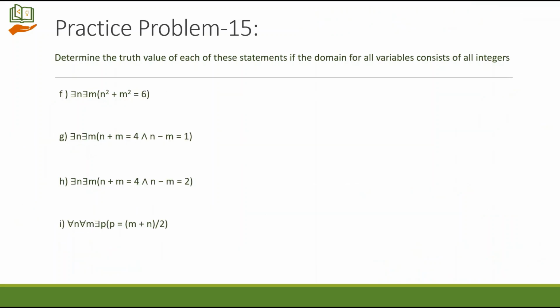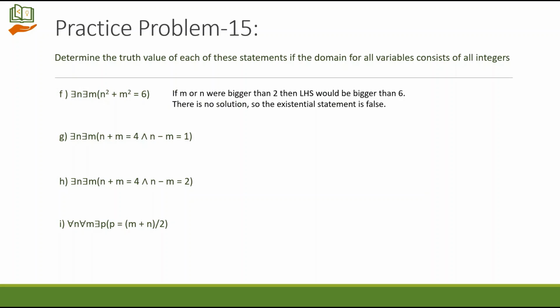We are going to F. There is an n, there is an m. Now they are asking whether it can be squared and added to give 6. This is actually false because we know 1 plus 4 will give you 5. The next set of values can be 2 squared plus 2 squared, which will be 4 plus 4, 8. So anything between 5 and 8 is not possible.